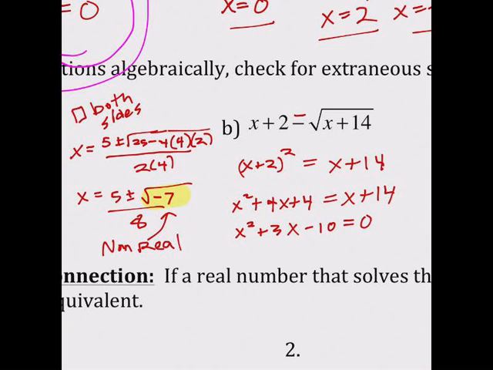Okay, and then you try to factor it if you can. Are there factors of negative 10 that add to 3? Negative 5 and a positive 2 would be negative 3, so it'll be a positive 5, negative 2. Think? 5 and a negative 2. Let's do it. So we get x plus 5, and x minus 2. These are the factors, not the roots.